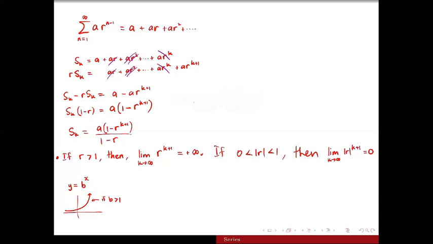And recalling from your Cal 1, again, you have your y equals b to the x. The graph of that is something like this. It approaches 0. So here, 0 less than b less than 1.